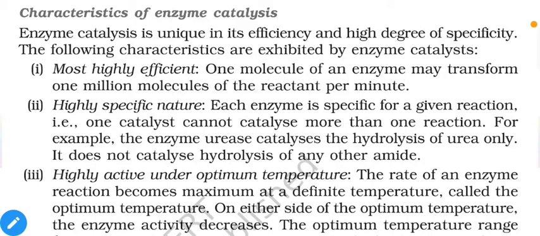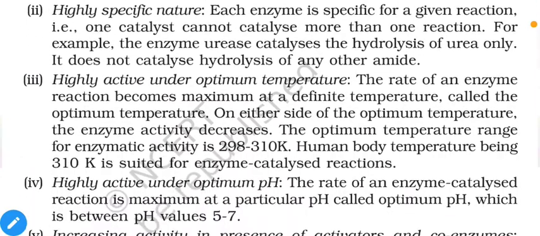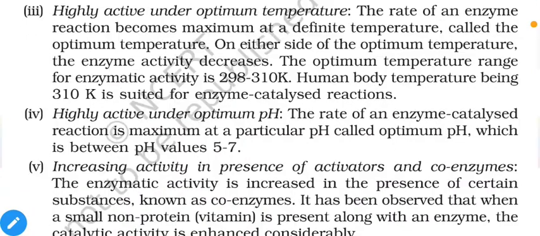In case of fever, if temperature increases, then it will disturb the enzymatic reactions inside the body, and that's why the overall system of the body will be disturbed during the fever. The optimum temperature for this type of enzymatic activity is 298 to 310 Kelvin, and our body temperature is almost near 310 Kelvin. That's why it is suitable for enzymatic reaction.